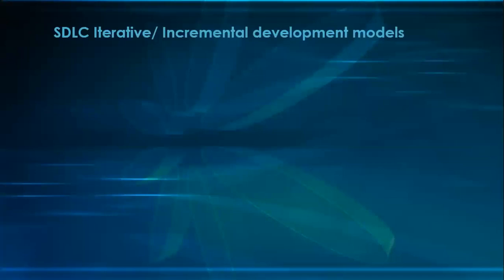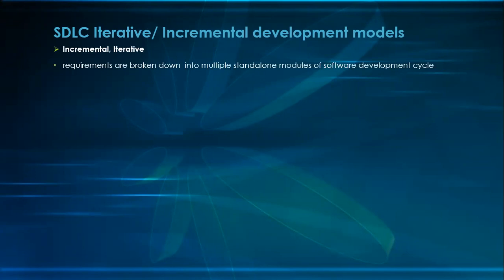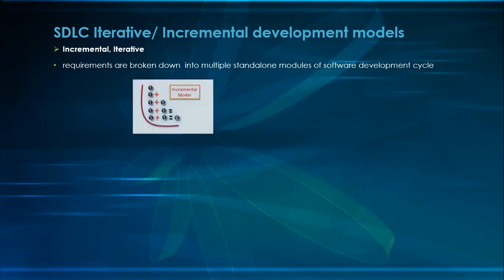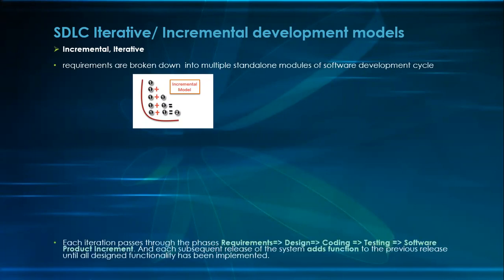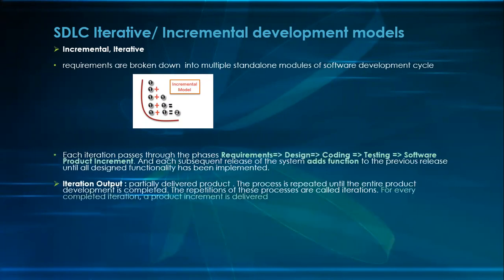That takes us to the iterative part, which is the agile model. Requirements are broken down into multiple standalone modules of the software development lifecycle. I used this illustration in the previous class. It means that in every iteration, we do requirement gathering, design, coding, testing, and a software product increment.